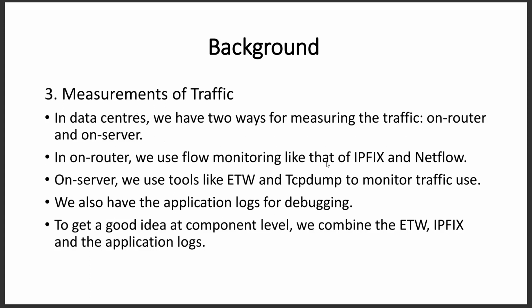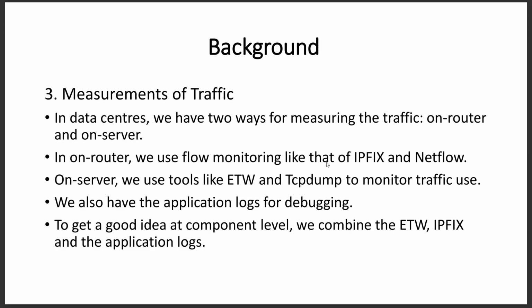Now let's understand the measurements of traffic. In our data centers, we have two types of measuring network traffic. The first is on-router and the second is on-server. On-router measurements use flow monitoring, which groups packets into flows based on their source and destination addresses, ports, and protocol, and all of this data is sent to centralized storage.